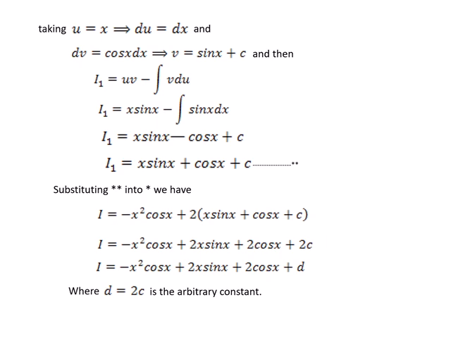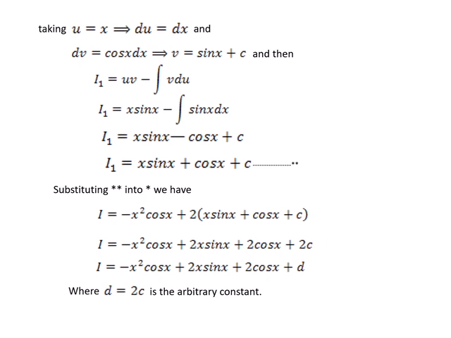Then we have our answer as I equal to minus s squared cos s plus 2s sin s plus 2 cos s plus, both I and I1 have the arbitrary constant, that is why we have it as plus 2c.